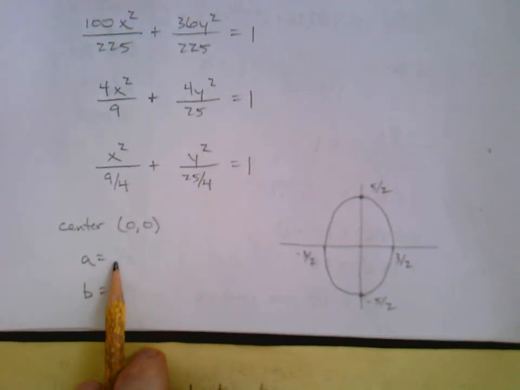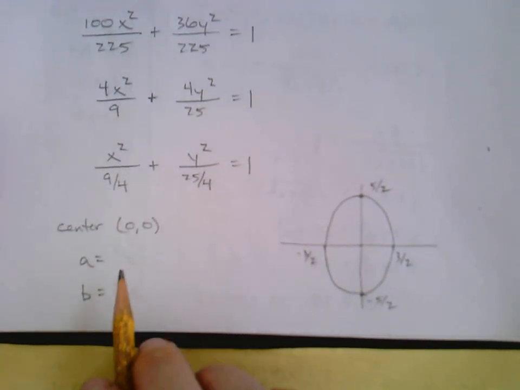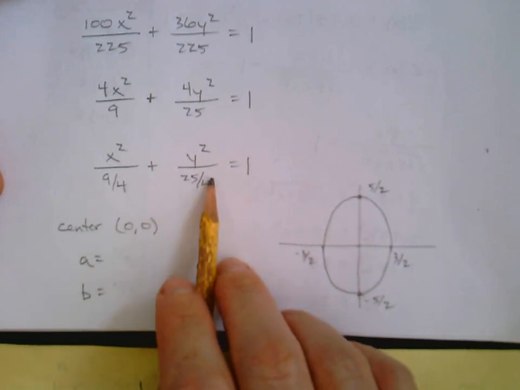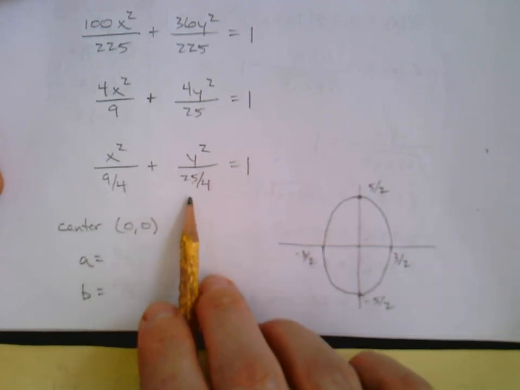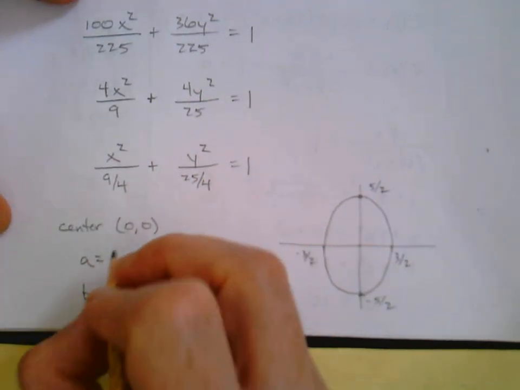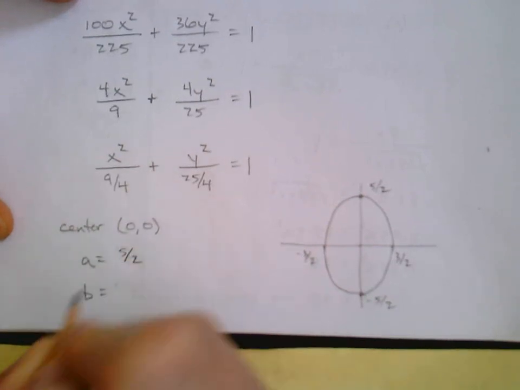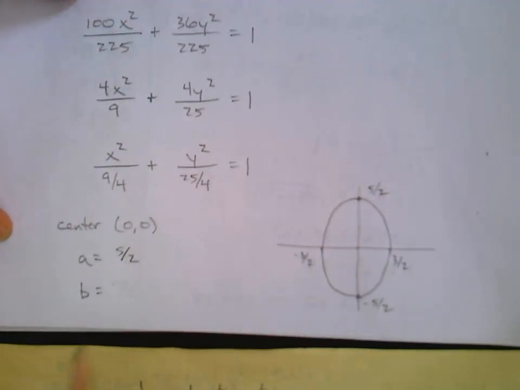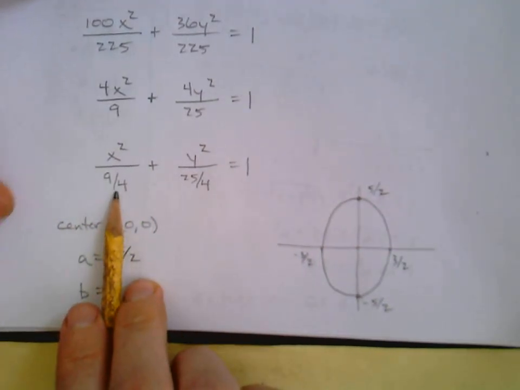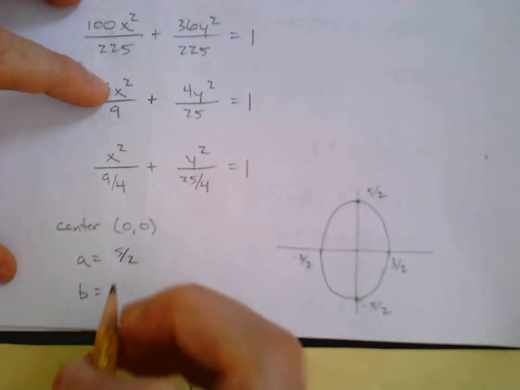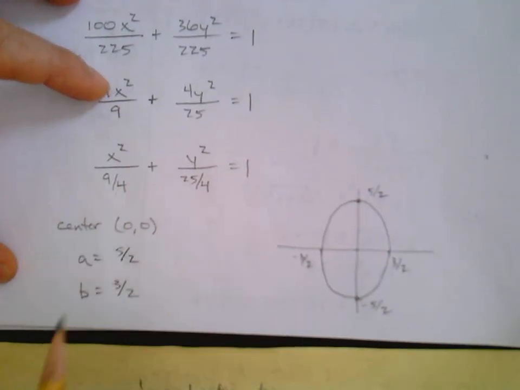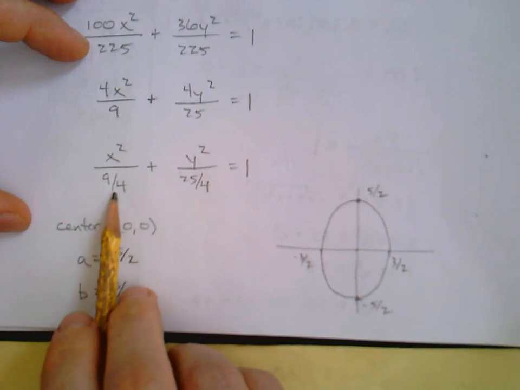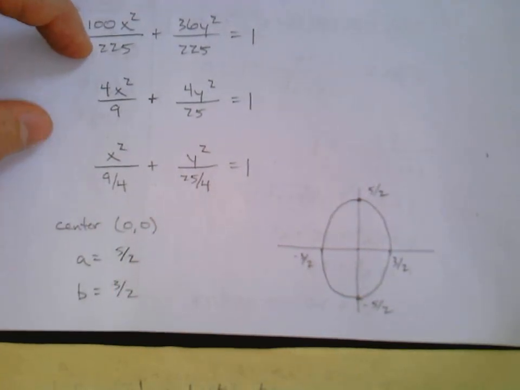What are the values of a and b? Okay, so remember, a is always the bigger one. So that right there is a squared, which would mean a is 5 over 2. The smaller one is b squared, which means b is 3 over 2.